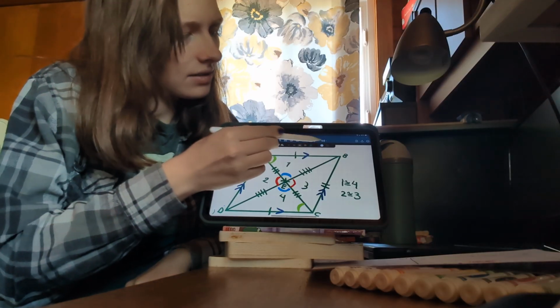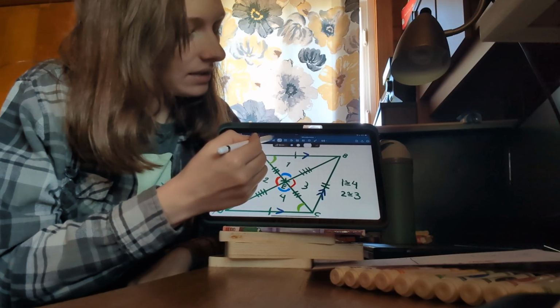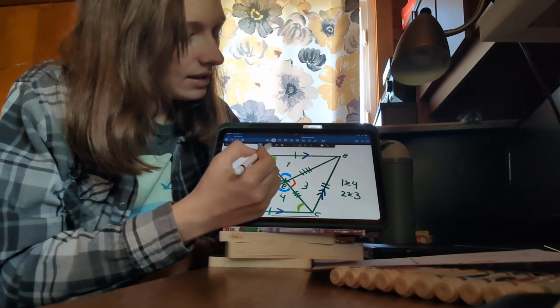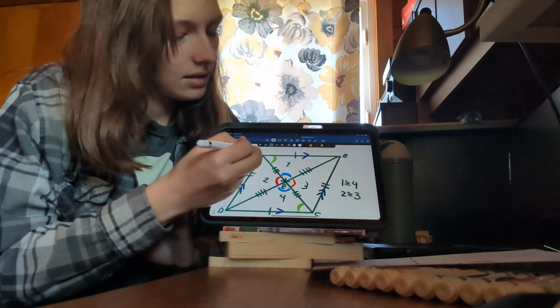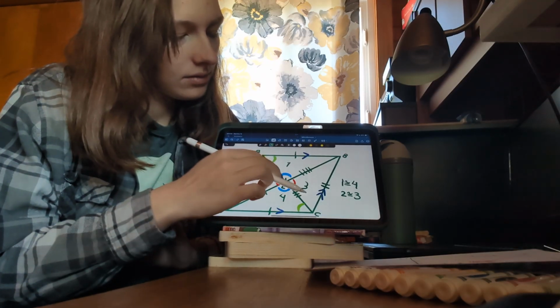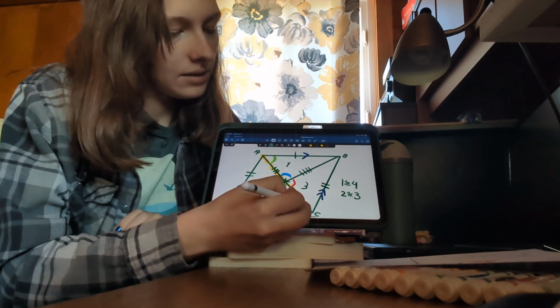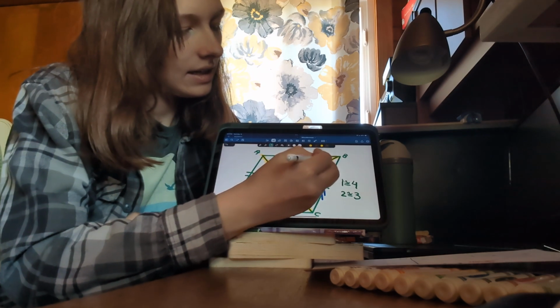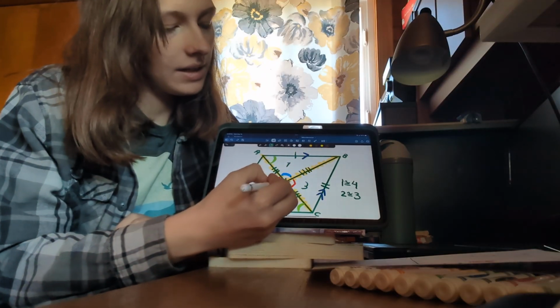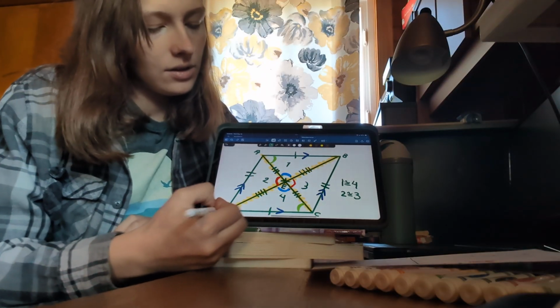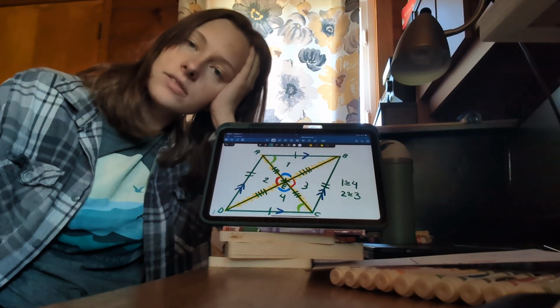Let's look at the diagonals, since that's what we were mainly focusing on in this lesson. So this line right here and this line right here. What does that prove about the diagonals?